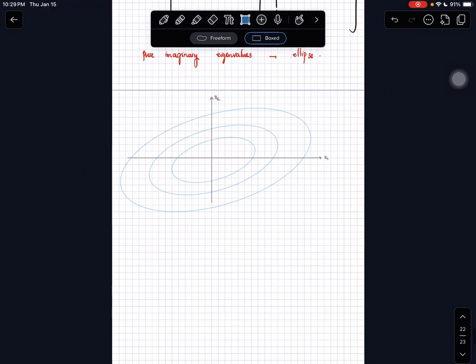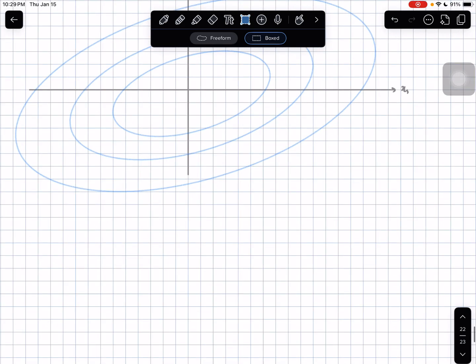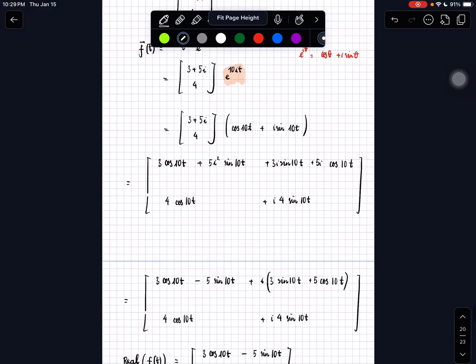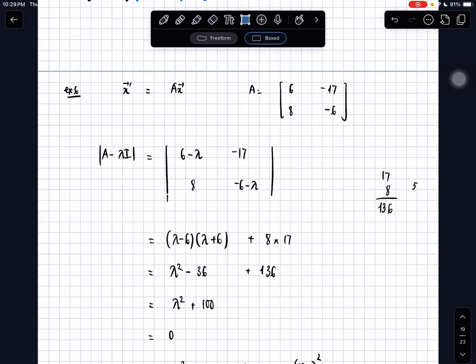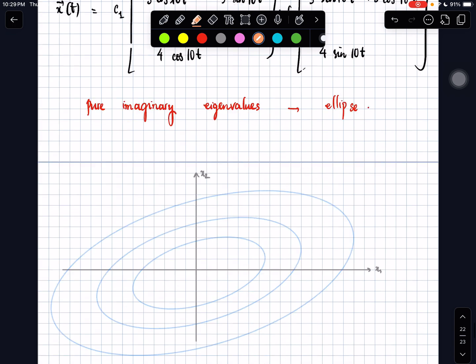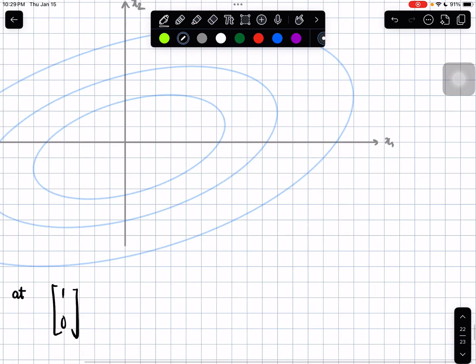Let's just pick a point, 1, 0. At 1, 0, get the matrix 6, 8. So this matrix times 1, 0, you have the first column 6, 8. So it's pointing up there. So it should go like this.